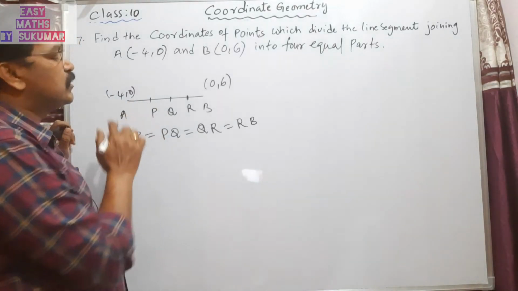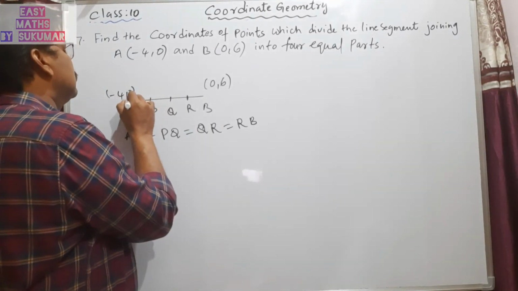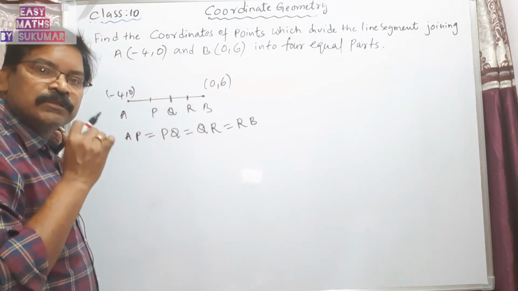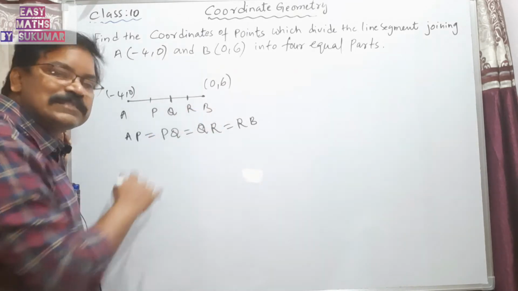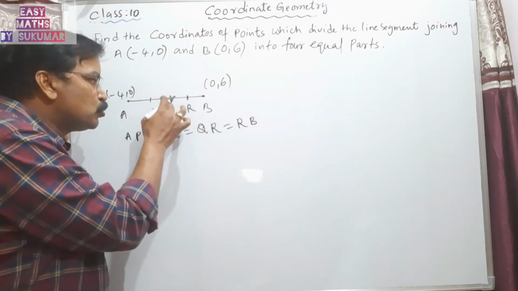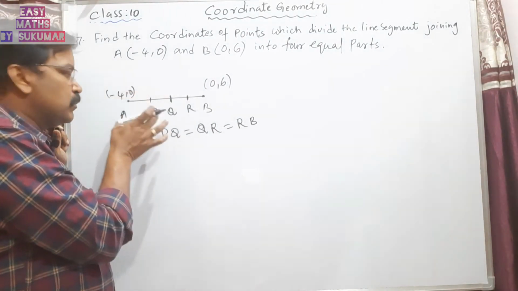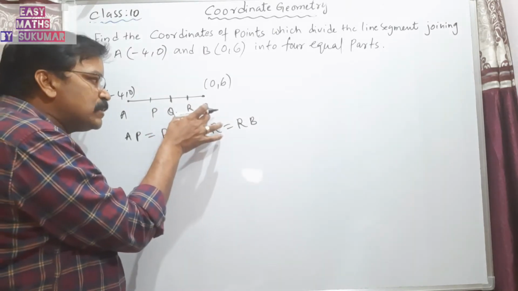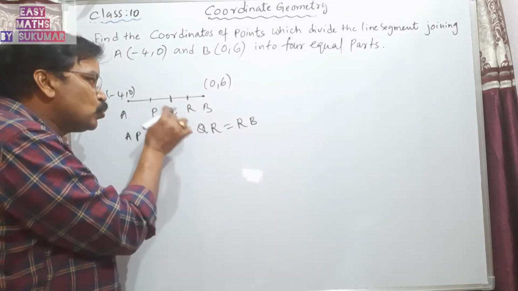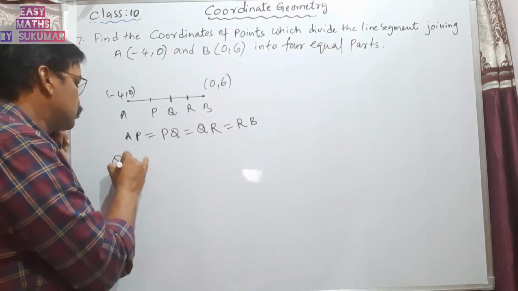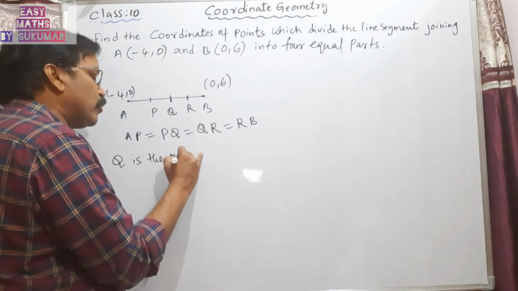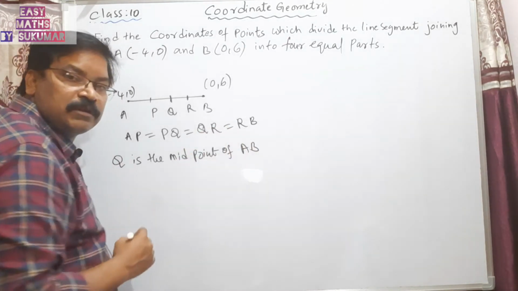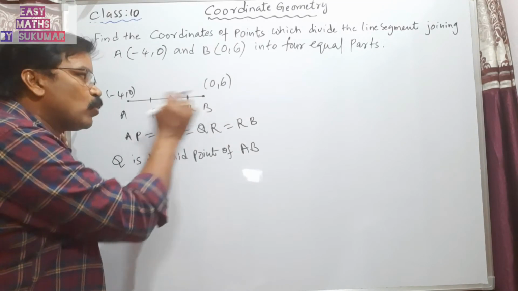If you observe this line segment AB, what is this Q? AQ is 2 parts and QB is also 2 parts. That means this Q is the midpoint of AB. Understood students? This Q is the midpoint of AB.